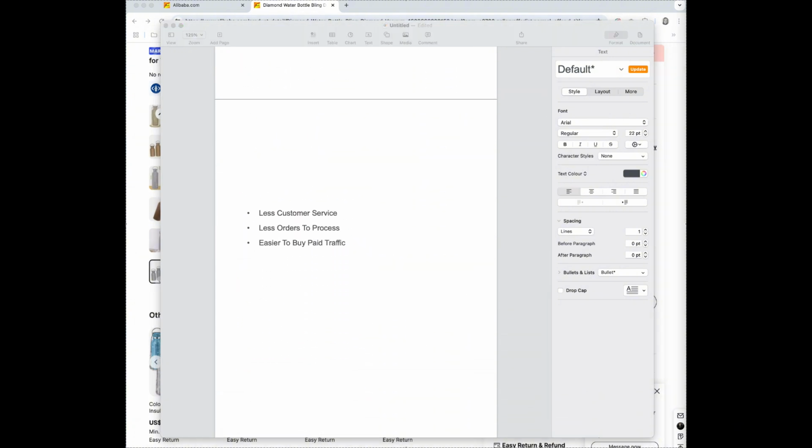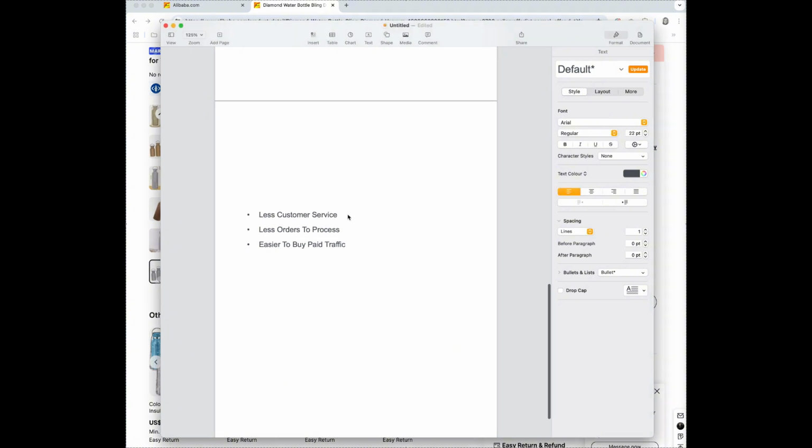Also, the good thing I think in this case is there is a benefit of selling expensive products. The reason being, first of all, you need less customer service. People who are purchasing expensive products know what they're buying, they can afford it, and they mainly are the ones who have no issues.